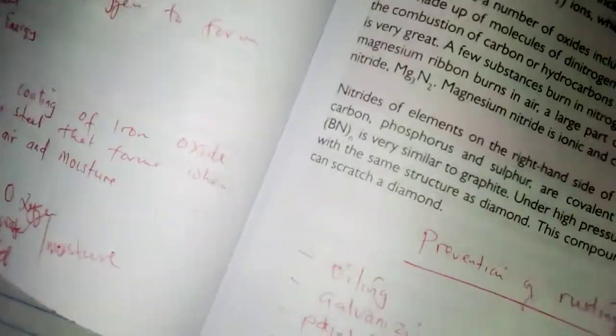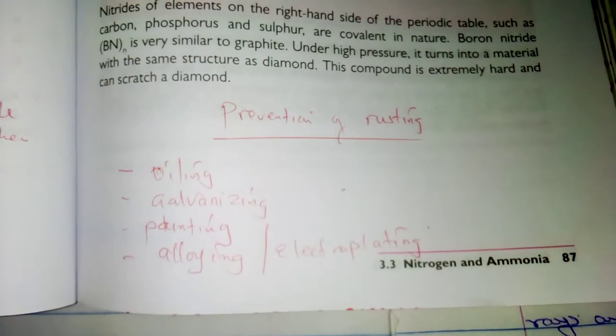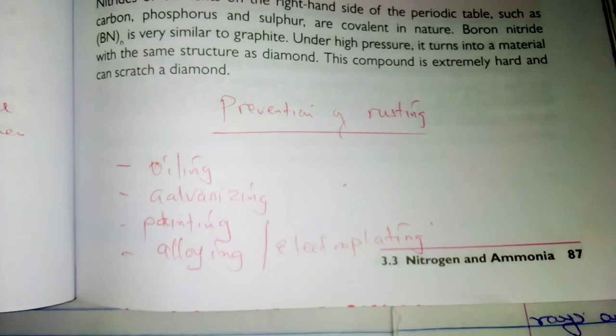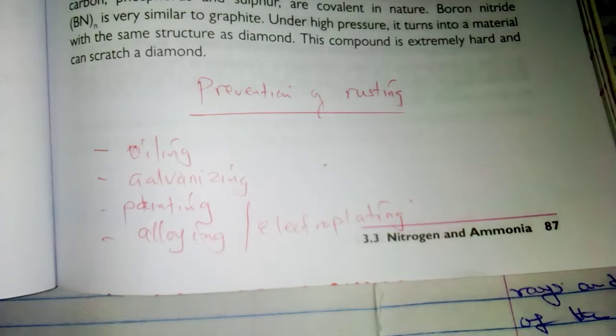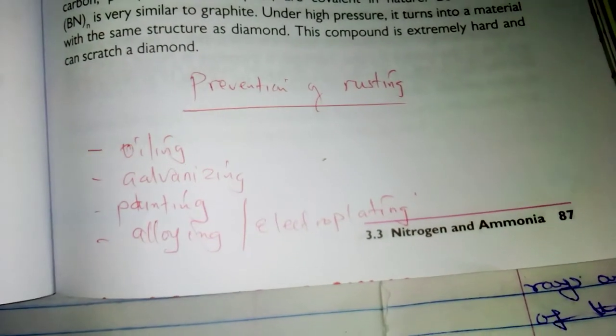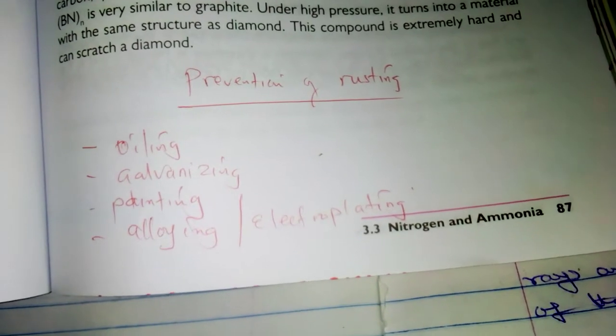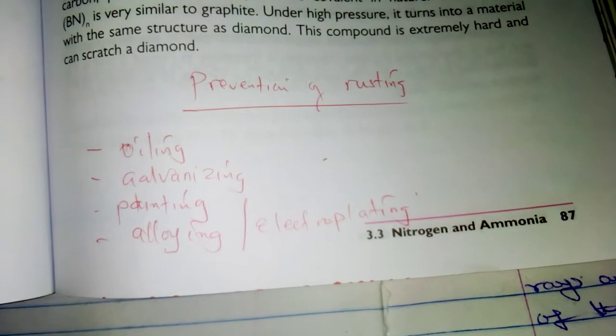So how do you prevent rusting? One way you prevent rusting is by oiling iron. Remember, rusting is mainly common to iron. So you oil it, or galvanizing. Now, galvanizing simply means coating the iron with zinc. Why use zinc?